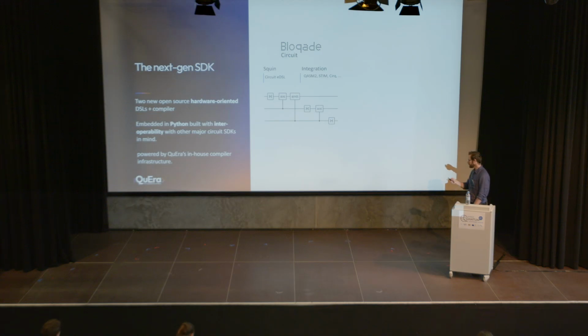The key point here is that the SDKs we're going to talk about today are specifically oriented towards neutral atom hardware. They're also embedded in Python, to make sure you're able to work with your existing Python workflows, whether it's through Qiskit or Cirq or some other SDK.